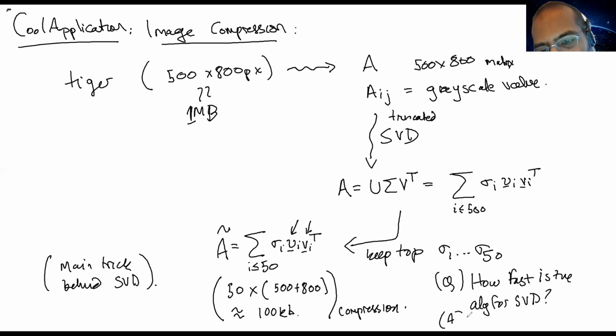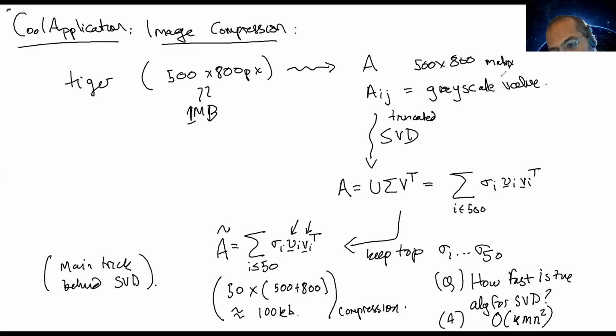Okay, I can give you a rough answer. Roughly, if you want rank k, it's order k m n squared or something like that. That's an upper bound, you can do better, but we can discuss more offline. It's an active research area.